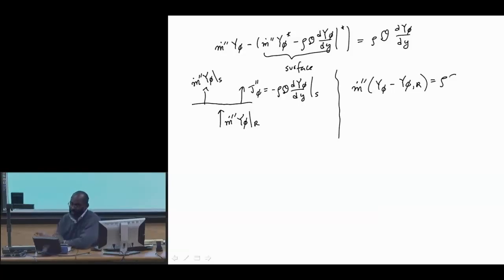Well, we can integrate this now. In terms of the integration, we're going to integrate this from, say, the wall value to the edge of the boundary layer.